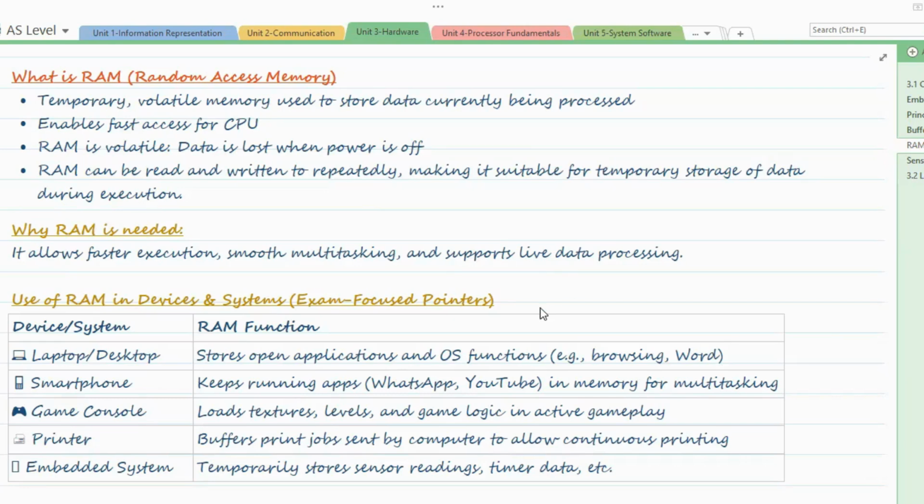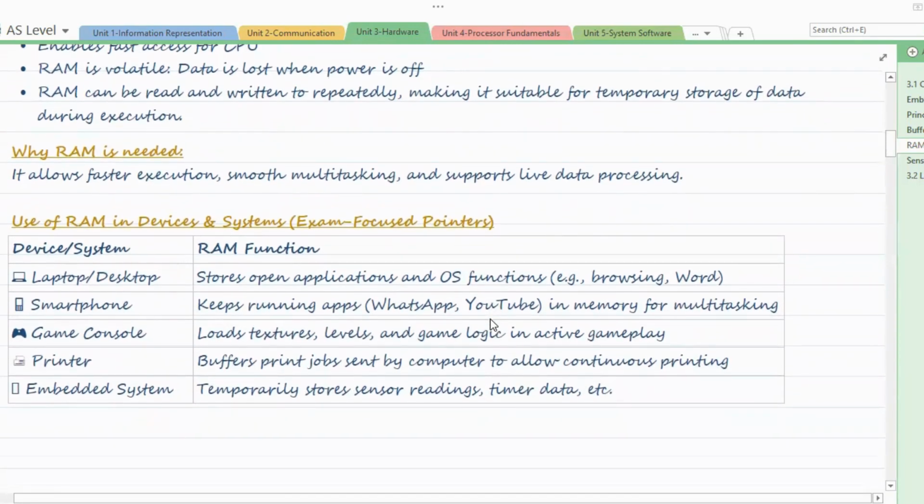Right? If you look at this table, the use of RAM in devices and systems, I have mentioned all the exam-focused pointers here. Laptops and desktops store open applications and operating system functions. Smartphones keep running apps like WhatsApp and YouTube in memory for multitasking.